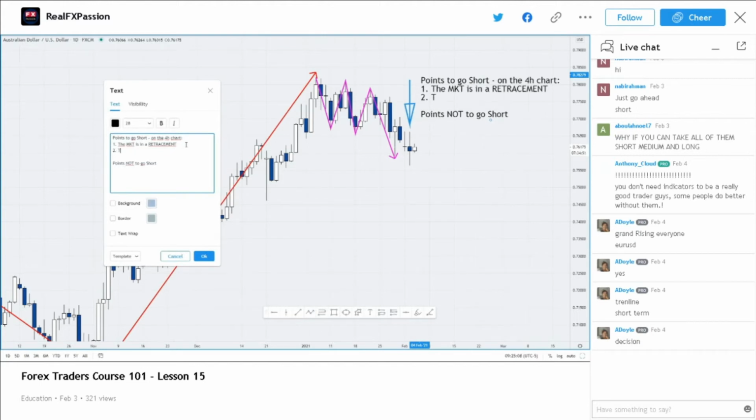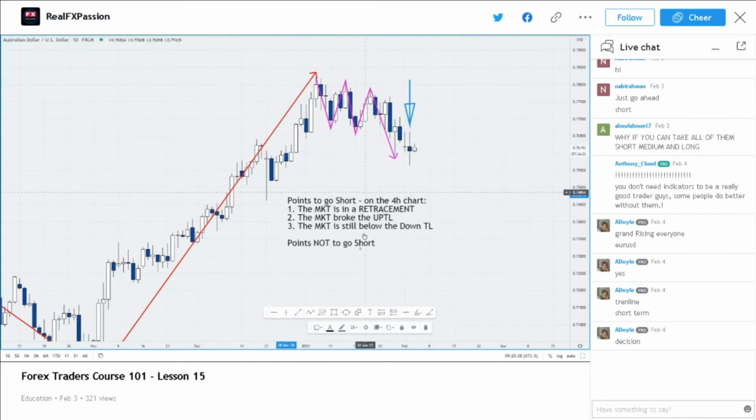Number two, the market broke the uptrend trend line. Number three, the market is still below the downtrend line. Agreed, everybody? Those are the points to go short on the 4-hour chart.